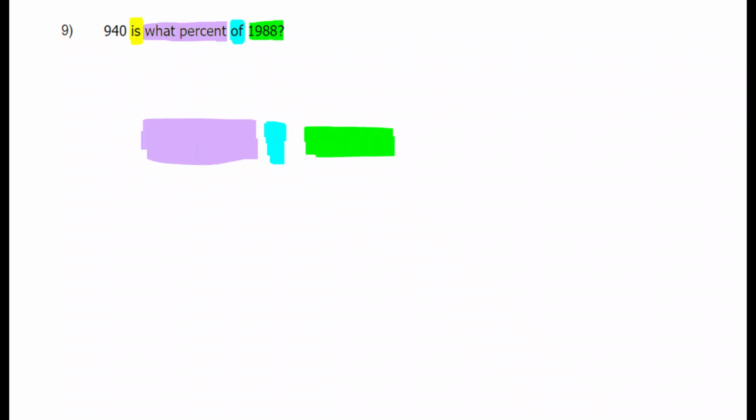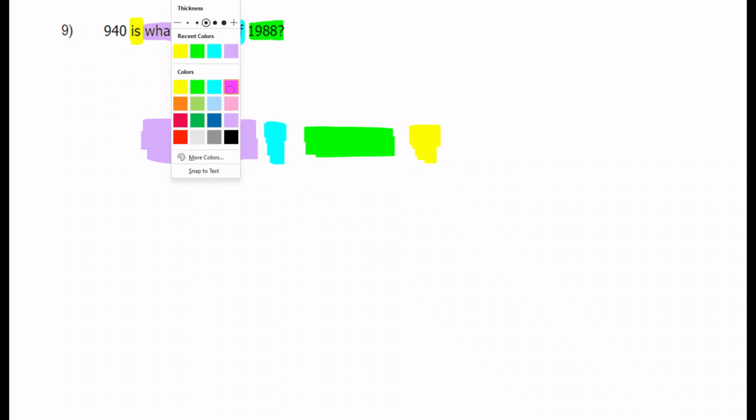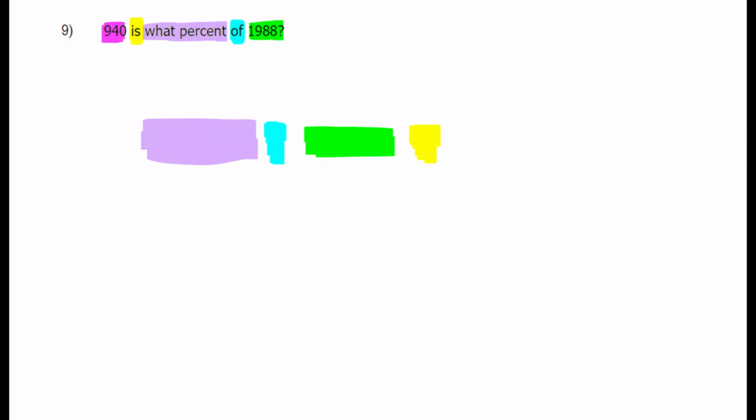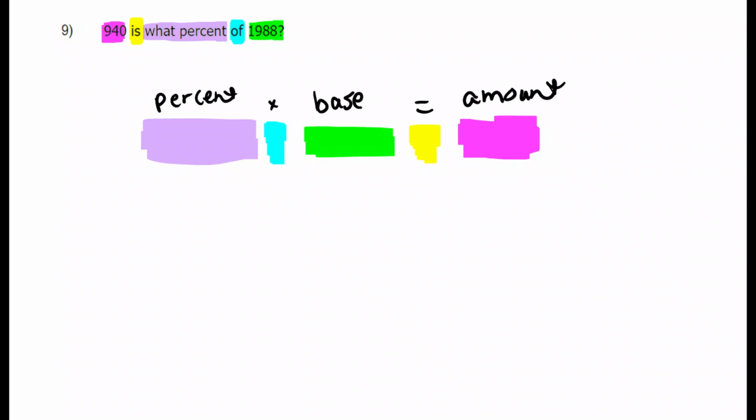And then at the other end is the "is." That's the equal sign here. And then the only thing I have left is the 940. And that goes there. So this is percent times base equals your amount.